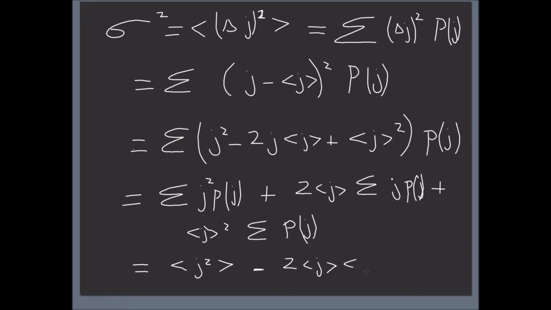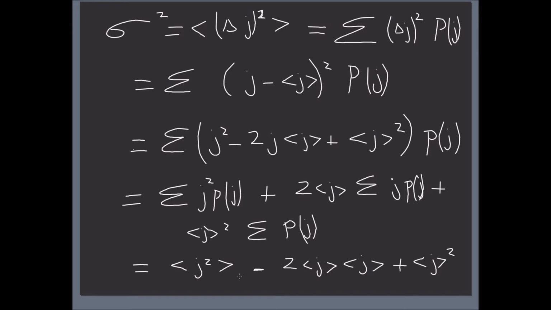So we have another one, right? Plus expectation value of j squared times the sum over all the probabilities, which we know is 1, right?